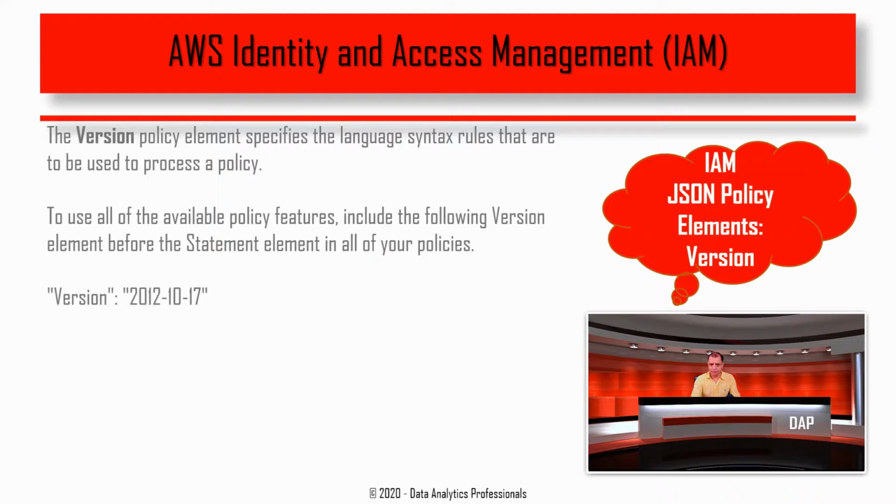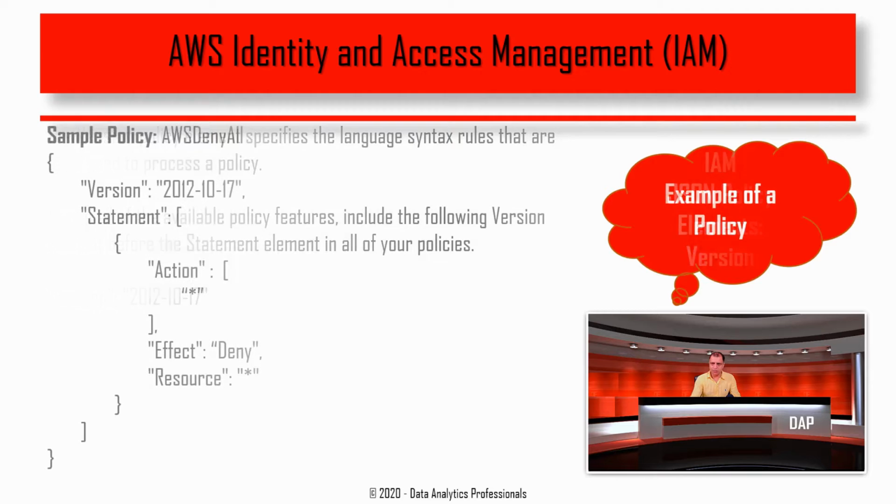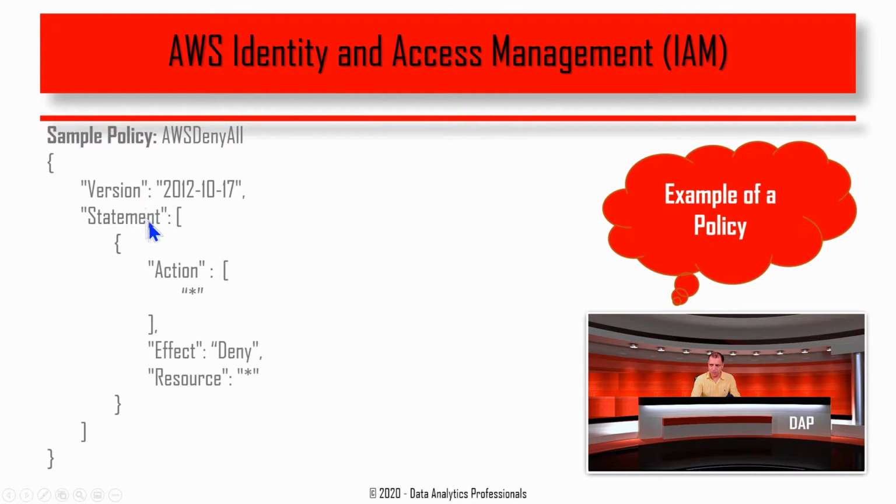Now you have seen this, so let's talk about what this version, this statement, element, action, effect, and resources are, and maybe there are some other elements which are not shown here but might be written in other policies. But let's discuss some main ones so that we can understand what's happening here.